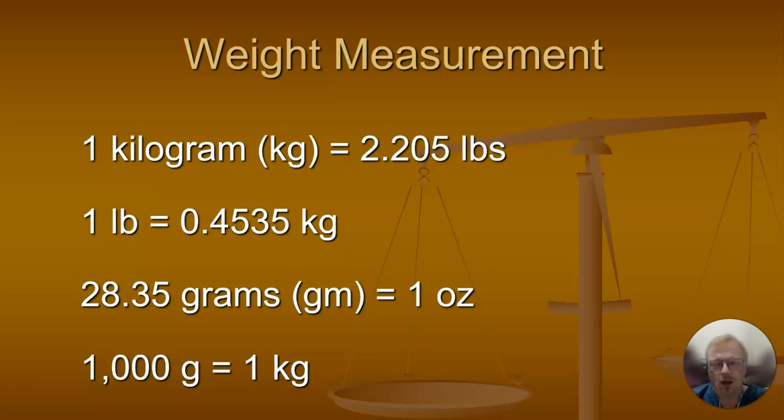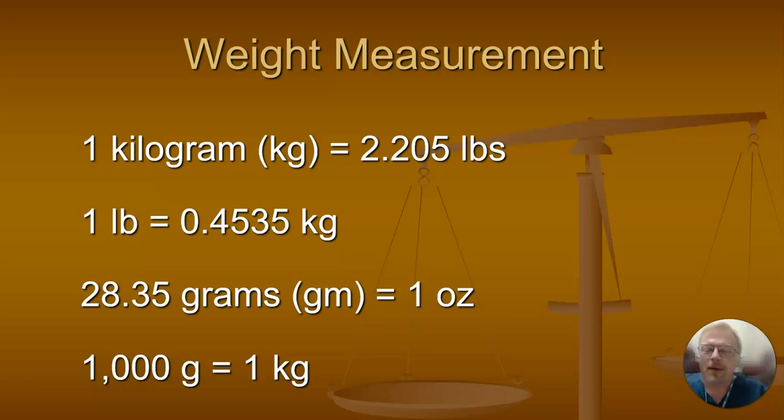So if you say, oh, well, I weigh 180 pounds, then you need to be able to convert that into kilograms. Because it's a smaller number, we would take 180 and divide it by 2.2. So a 180-pound person would weigh 81.8 kilograms.